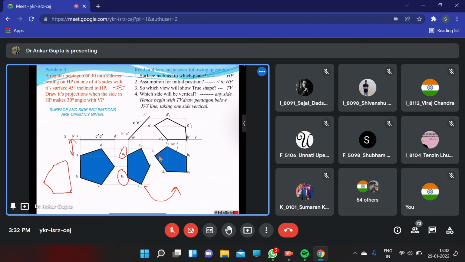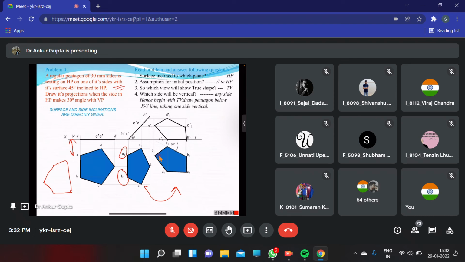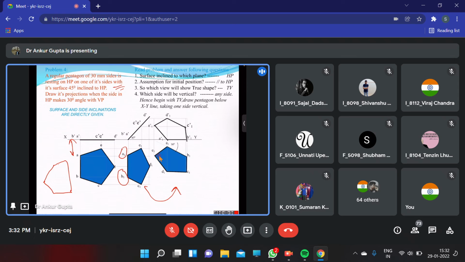Did you get this problem? Yes sir. Did you understand this problem? Can you explain why we took this shape as similar to this one? We just rotated it, keeping the dimension similar.